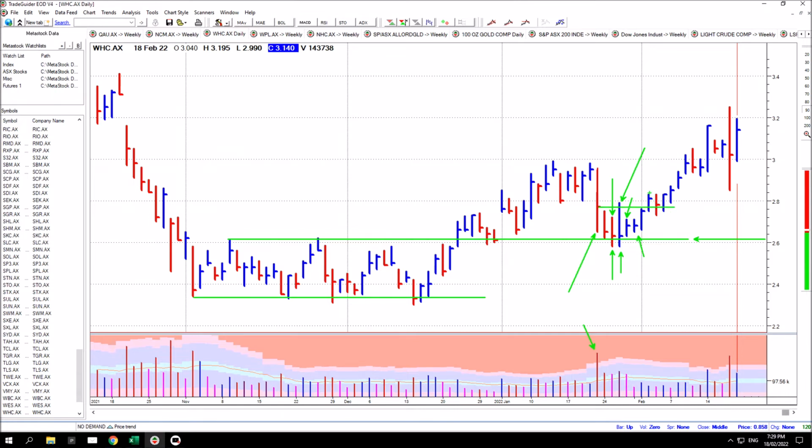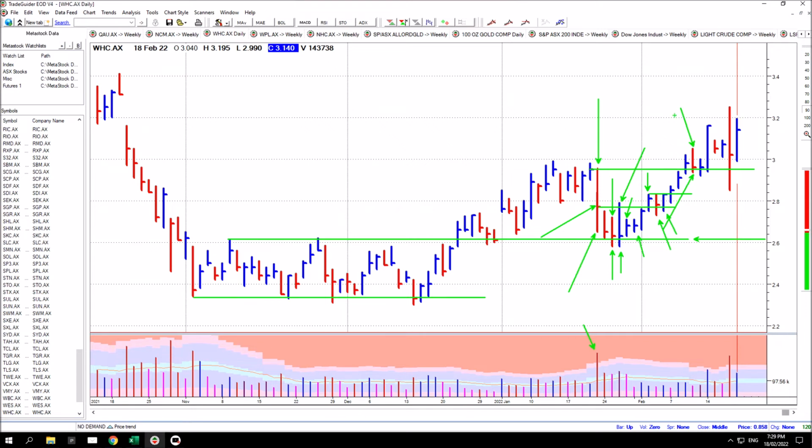Instead, price pushed out above the close of this bar and then tested and then pushed back up to the high of that bar. Now this is your really crucial level here. When price gets above this level, you know you're in clear air again. So in response, price worked its way up.